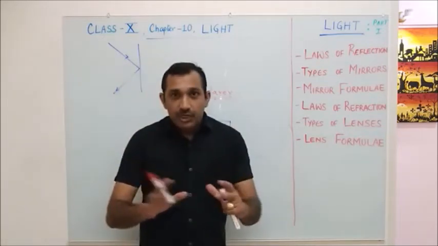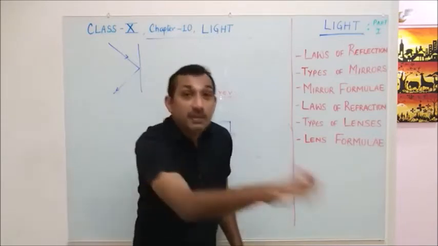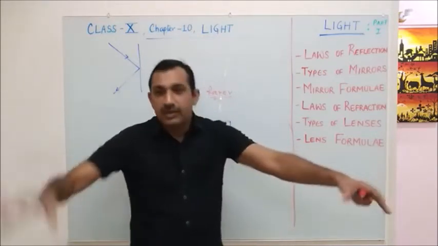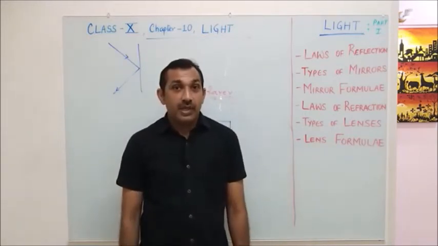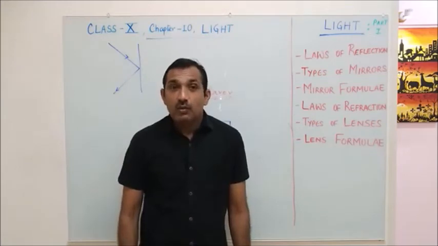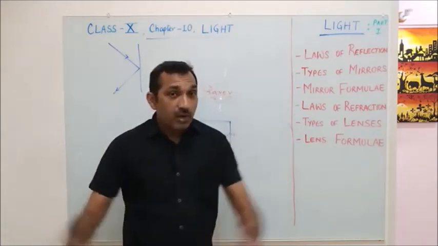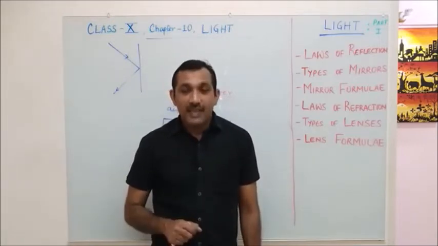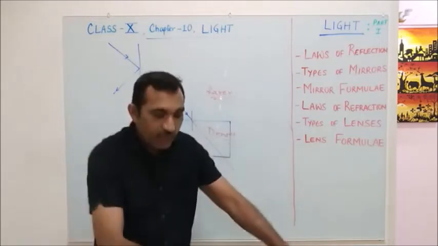Now if in this room 10 people are there, how they are standing? One is here, one is there, one is there. If I increase the density by increasing number of people or reducing the size of the room, in that case people will be standing very close to each other.